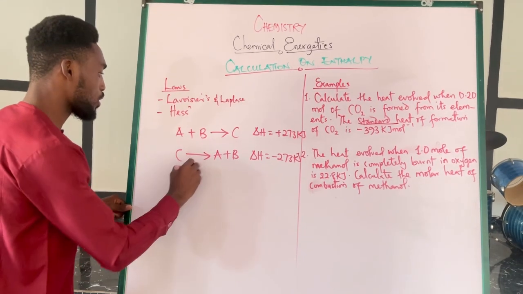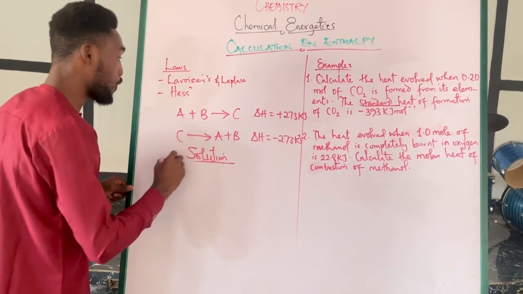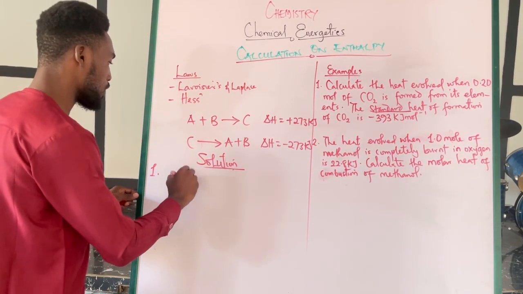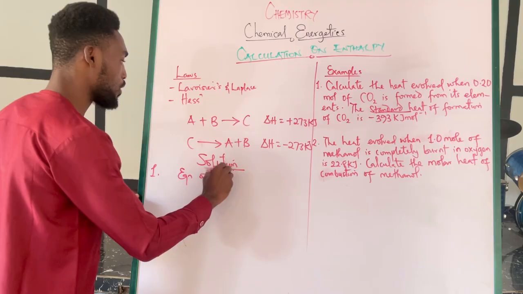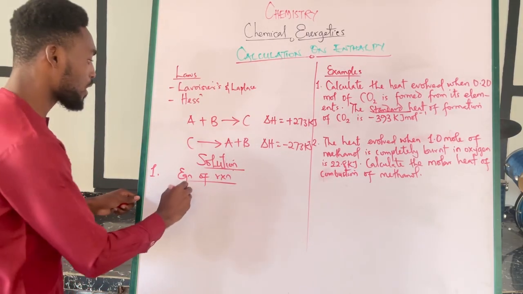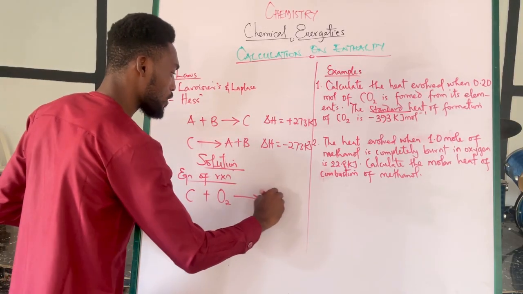First off, the equation. Let me put that here. Just know that I'm trying to solve the first question right here. I'll begin with the equation of the reaction. Now, how will I write the equation? So I have C plus O2 to give me CO2.